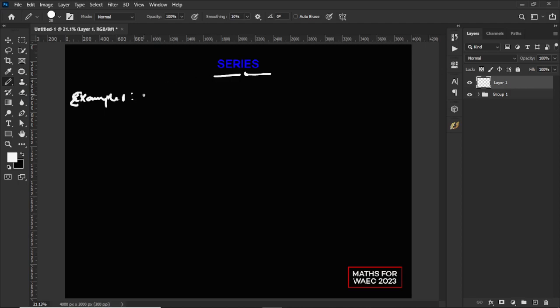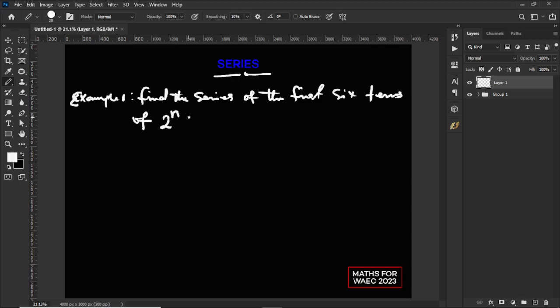Find the series of the first 6 terms of 2 raised to power n plus 4n squared.